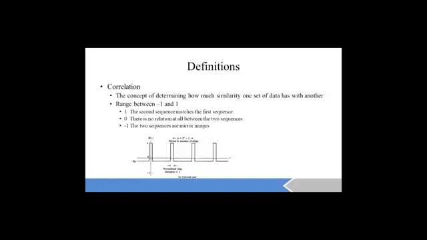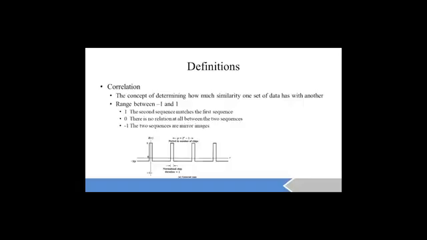Correlation is defined with a range of between minus 1 and 1 with the following meaning. 1 means the second sequence matches the first sequence exactly. 0 means there is no relation at all between the two sequences, and minus 1 means the two sequences are mirror images of each other.